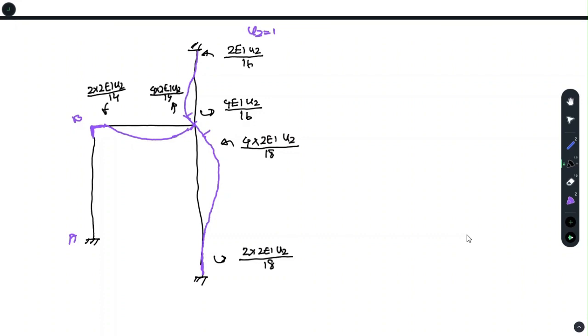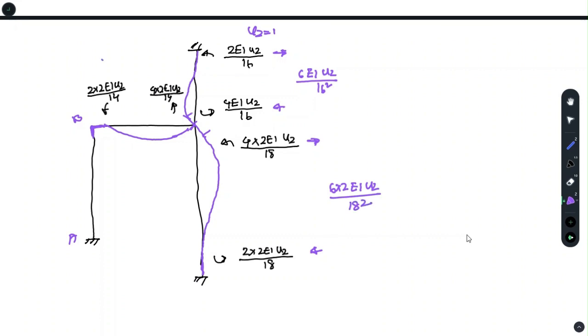So now we need the reactions. What will be the reactions? The reactions will be this way and this way, and the value will be the same, which is 6 EI U2 over 16 squared. For the lower frame, the reaction will be like that, and the value will be 6 multiplied by twice EI U2 over 18 squared.